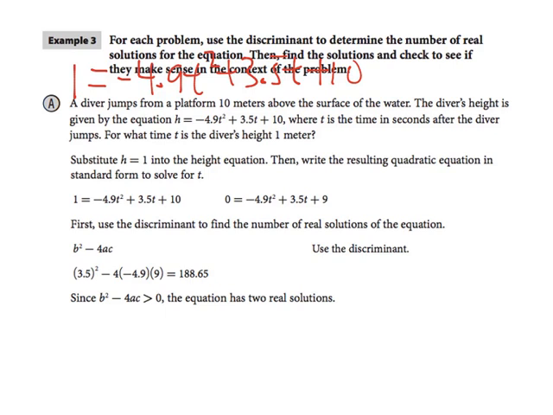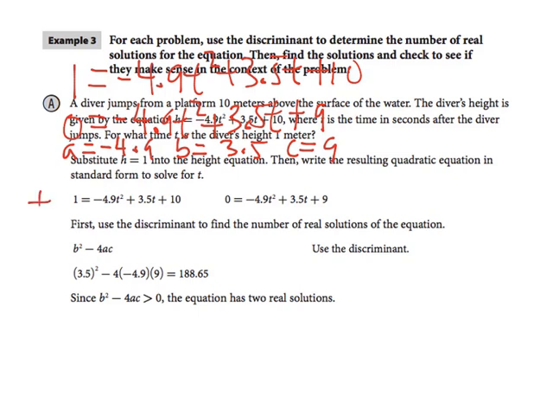So then we're going to subtract 1 from both sides. So we have 0 equal to negative 4.9 t squared plus 3.5 t plus 9. So then our a value is going to be negative 4.9, and b is 3.5, and c equal to 9. So then we're going to use the quadratic equation to solve for this.